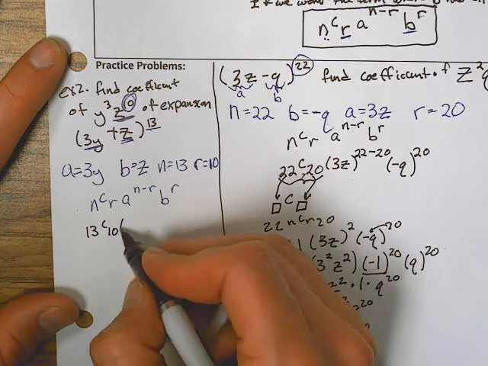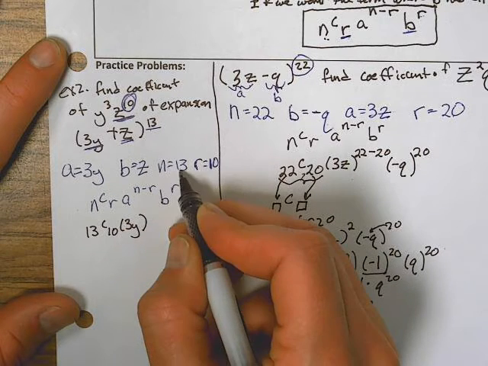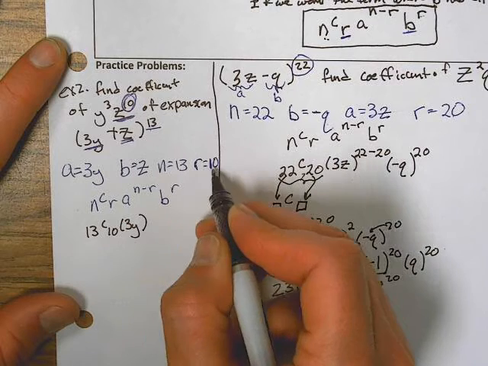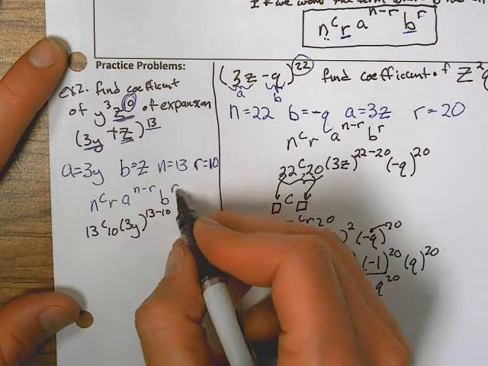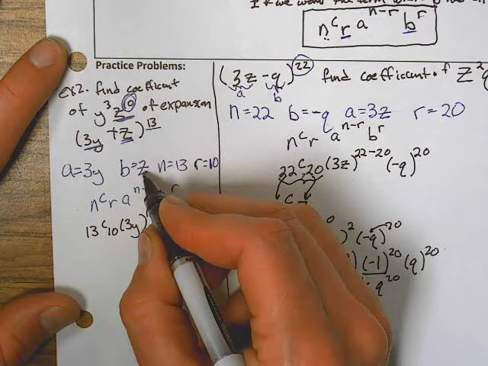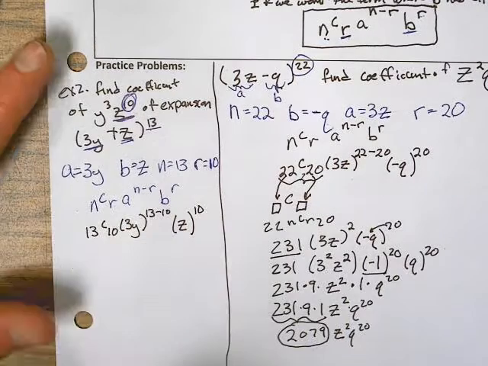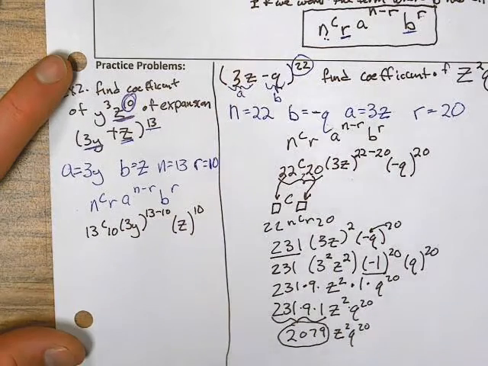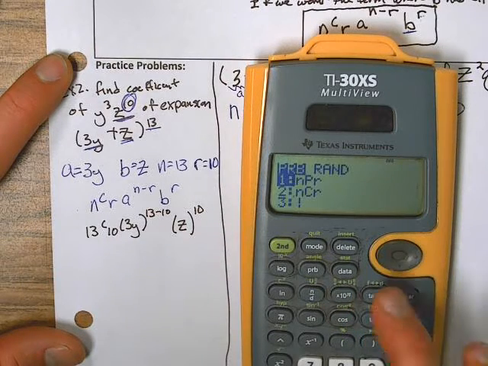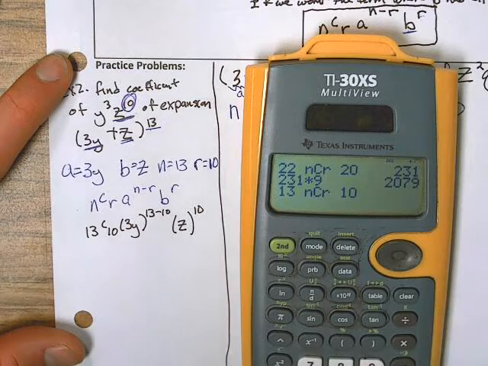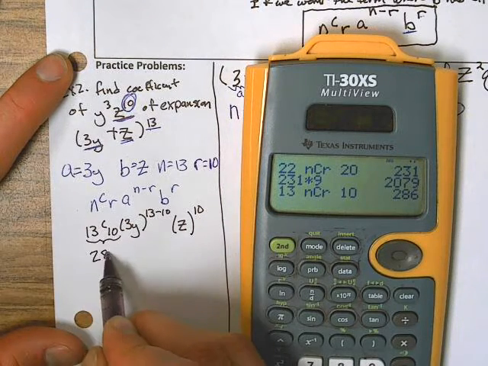The a value is 3y to the 13 minus 10 power, and then it's b to the r, which b in this case is just z, and r is 10. So that would be my setup with the formula. I can use my calculator to do 13 choose 10, and that's 286.